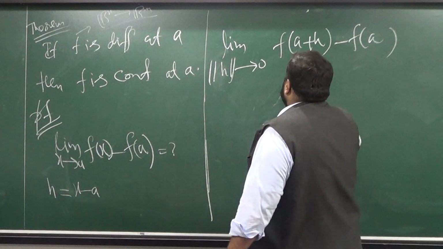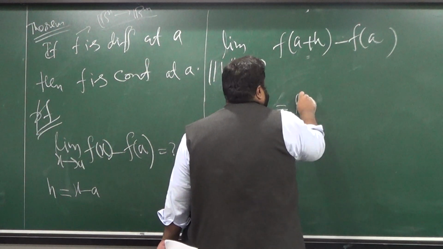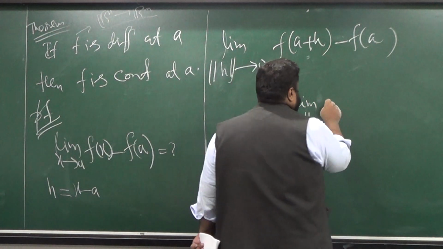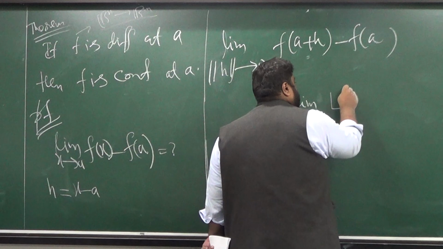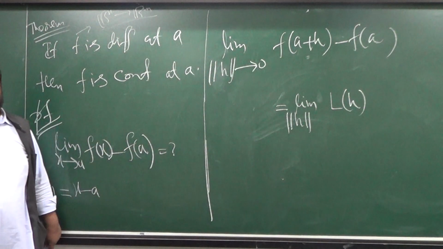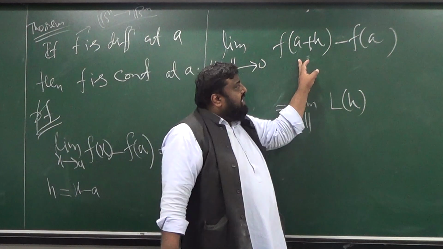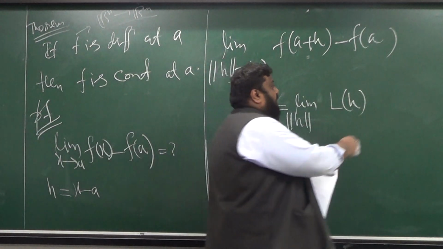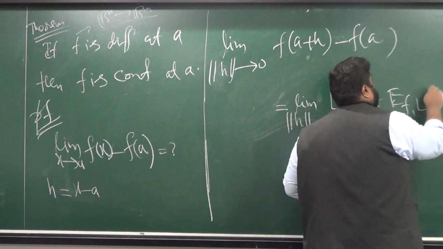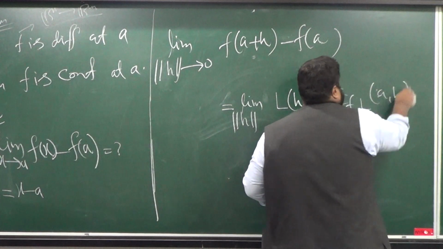Multiply and divide. This is equal to limit of the norm of h times L of h, because f is differentiable, so there must be a good linear approximation such that f of a plus h minus f of a is L of h plus the error E.